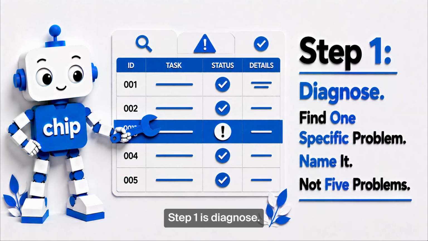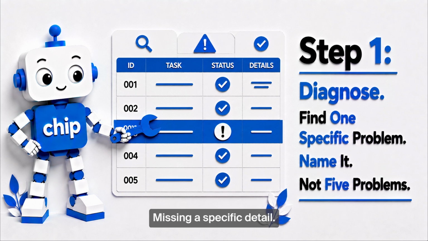Step 1 is diagnose. Read the output and find one specific problem. Not 5 problems, just one. The most important one. Here are the common problems. Too long, the message will not fit in a WhatsApp chat. Too formal, it sounds like a legal notice, not a friendly follow-up.